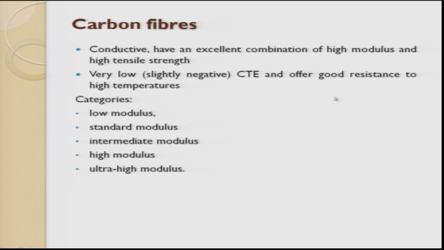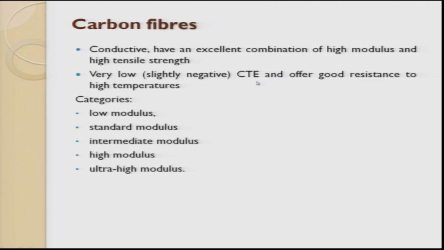It has very low coefficient of thermal expansion and offers a good wear resistance at very high temperatures. That is why carbon fibers are today exhaustively used in aerospace application. It is very expensive, but it also gives excellent modulus and strength. On top of its light weight, it finds a lot of applications in these properties.